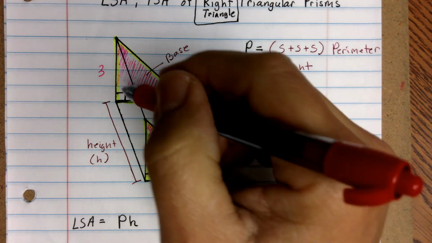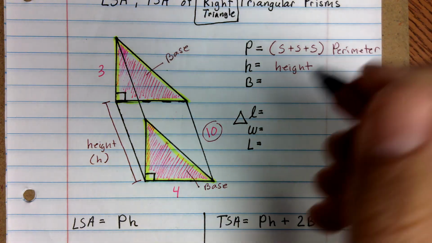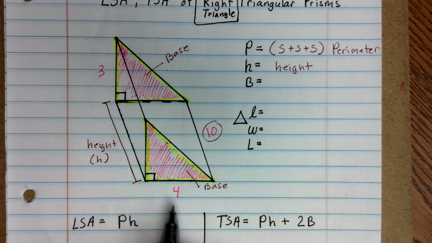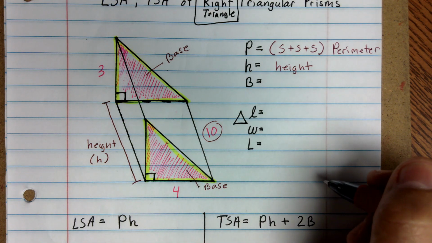Now I want you to notice that one side of the right triangle has a value of 3, and the other leg that touches this right angle is noted on this side, and it's a 4. So we're going to take those 2 measurements. I like to call one the length and one the width.